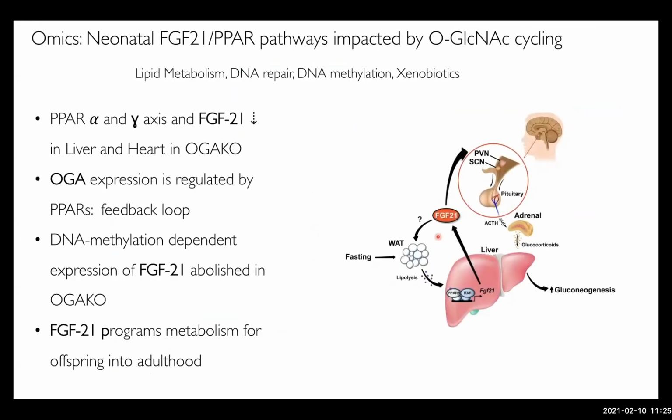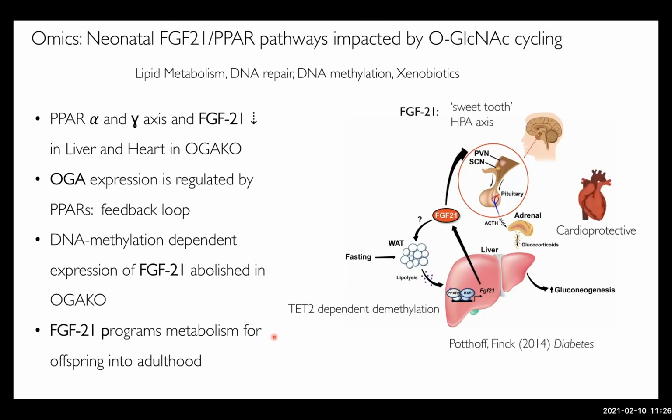So we've looked into this using omics analysis, transcriptomics, and metabolomics. And a pathway that jumped out at us was the so-called PPAR alpha and gamma axis in the heart and liver of these knockouts. OGA expression itself is regulated by PPARs. There's a DNA methylation dependent expression of a fibroblast growth factor, FGF21, that we see abolished in the OGA knockouts. And finally, we know that FGF21 programs metabolism for offspring into adulthood.